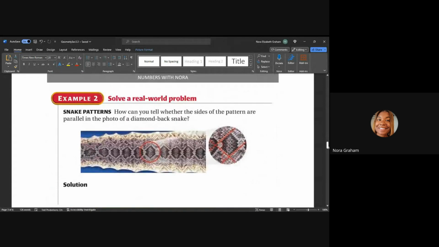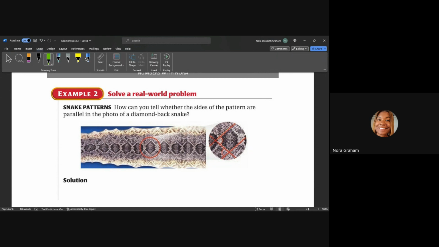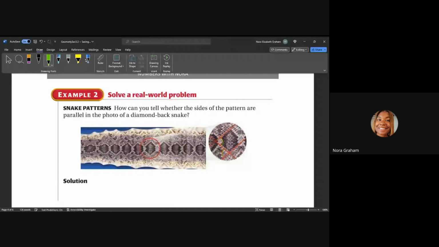So let's see example 2. Solve a real world problem. This one says snake patterns. How can you tell whether the sides of the pattern are parallel in the photo of a diamondback snake? So right here, they give us a photo, and you can see that they already marked that these two lines are parallel.